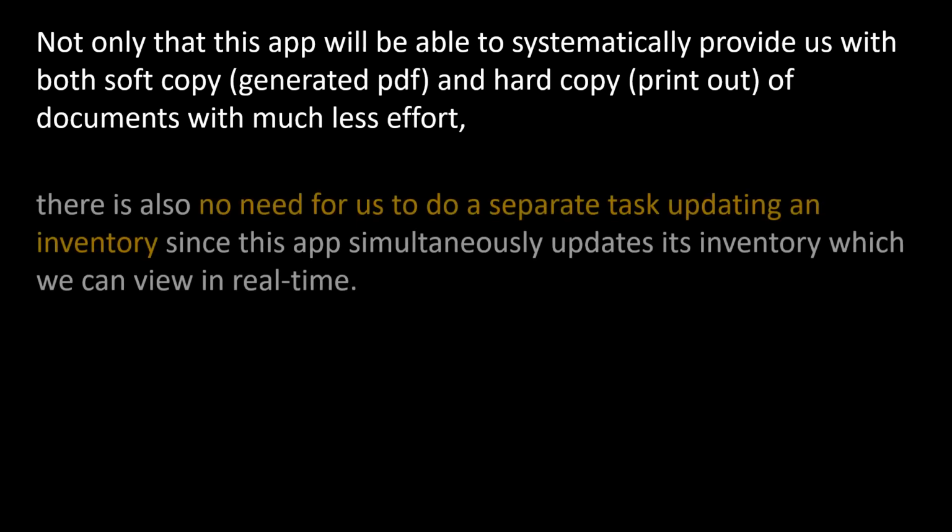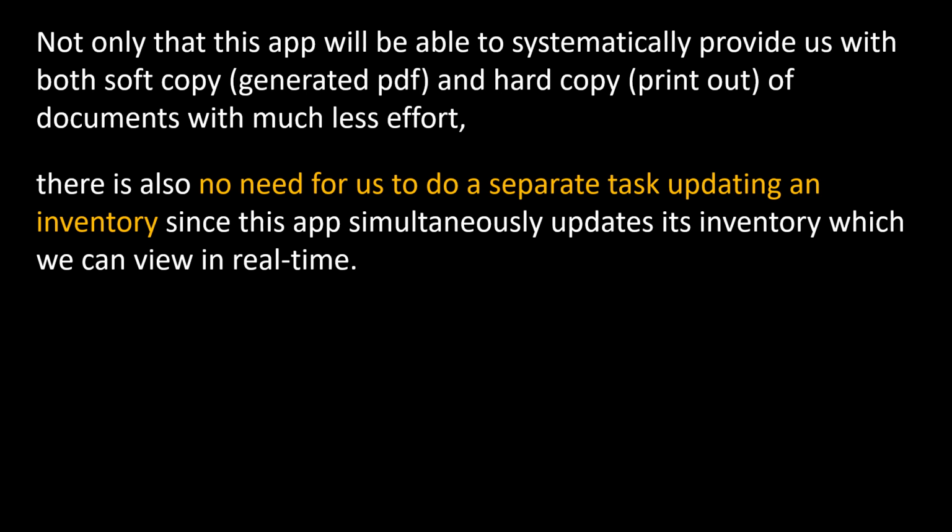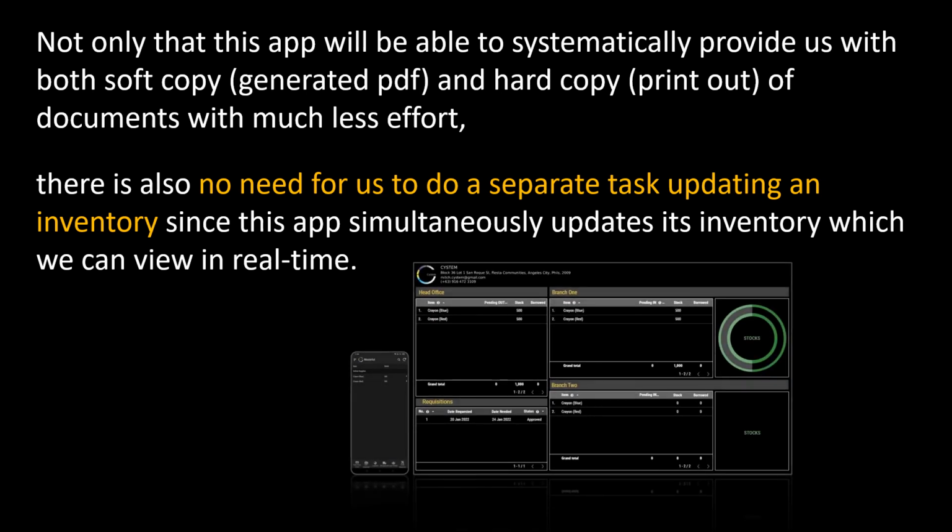Not only that, this app will be able to systematically provide us with both soft copy and hard copy of documents with much less effort. There is also no need for us to do a separate task updating an inventory, since this app simultaneously updates its inventory, which we can view in real time.